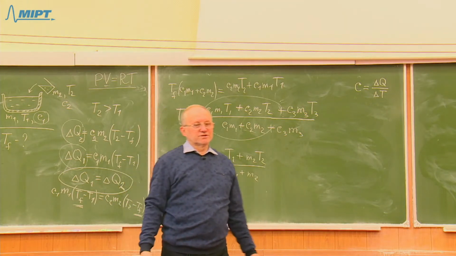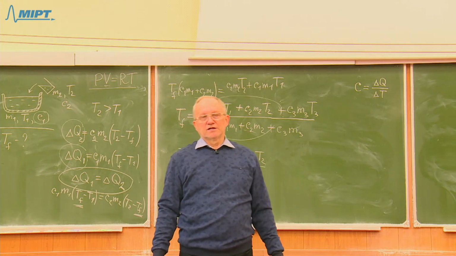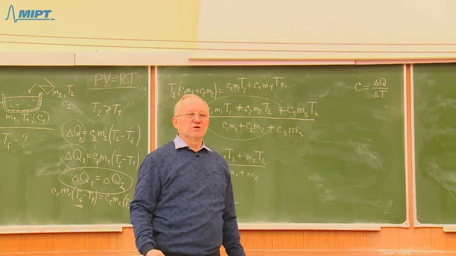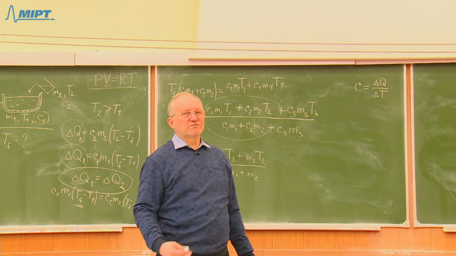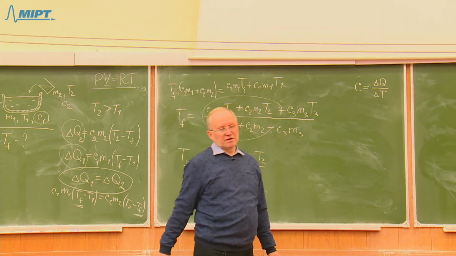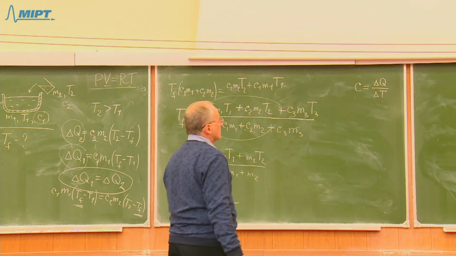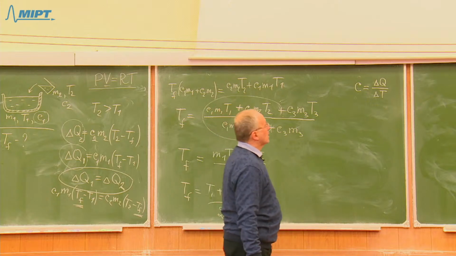It's convenient to deal with moles because I remind you that 1 mole of any substance contains the same number of molecules, which is the Avogadro constant, about 6 times 10 to the power of 23 particles. That is the Avogadro constant.